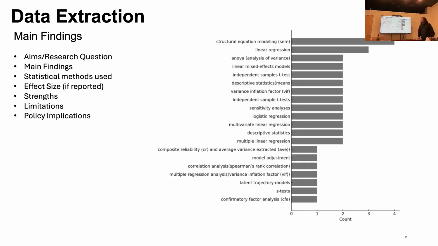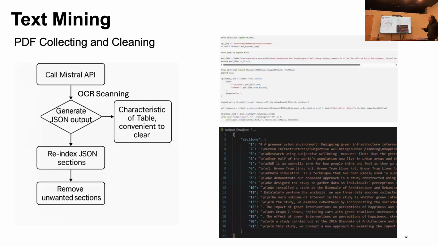Finally, we extract the main findings: the aims, research questions, statistical methods, effect size, strength, limitations, and policy implications. Structural equation modeling is the most used statistical method among these papers.